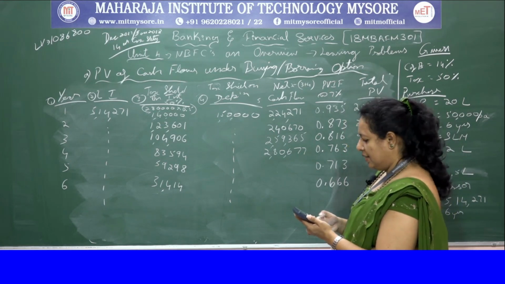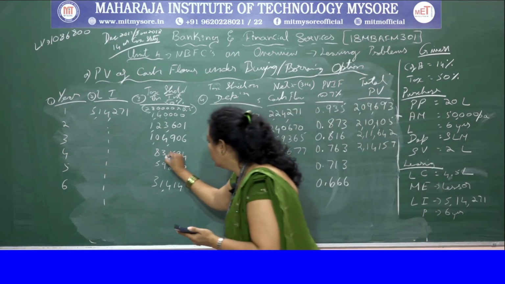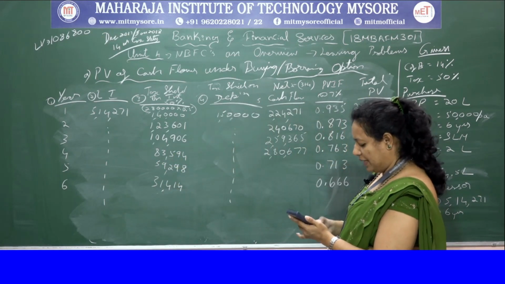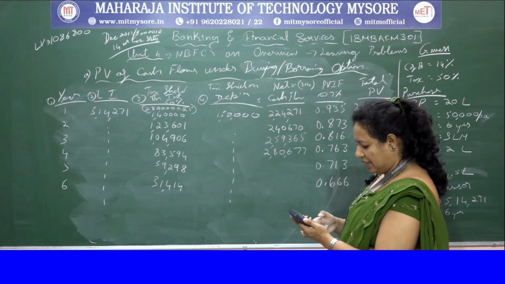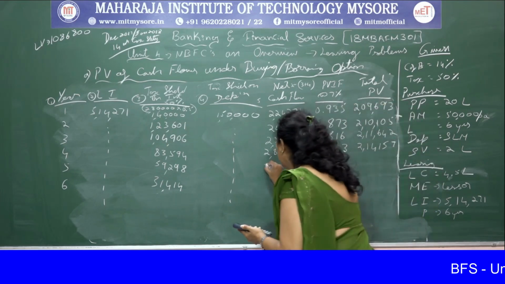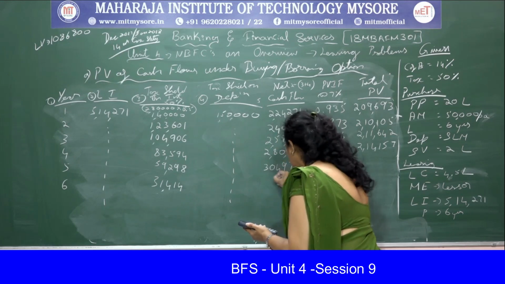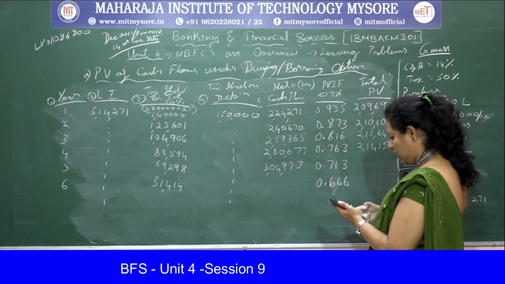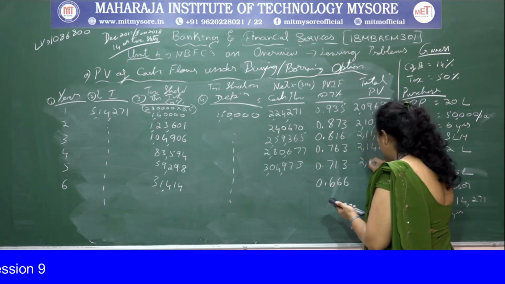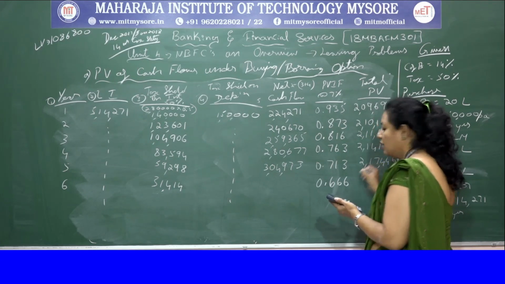Then next you have to do 59,298 plus 1,50,000 minus 5,14,271. I get 3,04,973. 3,04,973 into 0.713, I get 2,17,446.